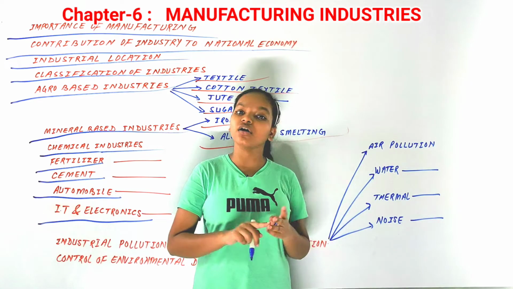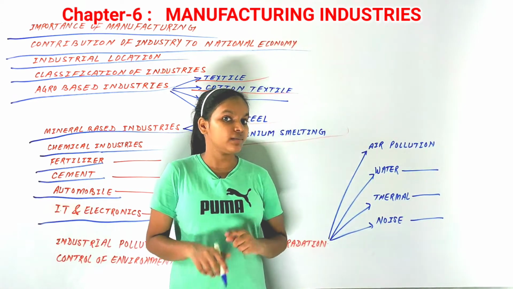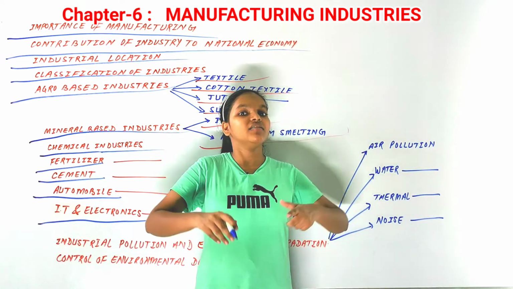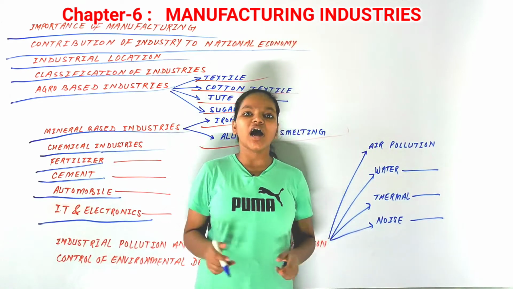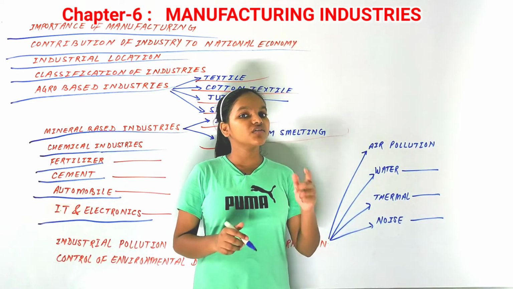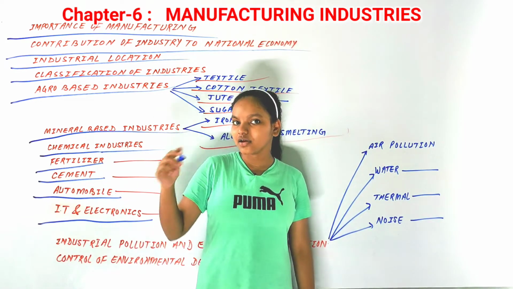Bangalore, Chennai, Noida, Delhi, we have many cities, and information technology can be successful with the electronic industries. The hub of information technology is mainly in Noida and Delhi. After that, we have Bangalore, Chennai, Mumbai, these cities. So that is about information technology and electronics industry.